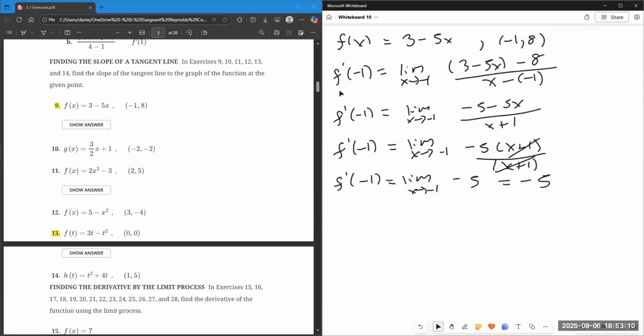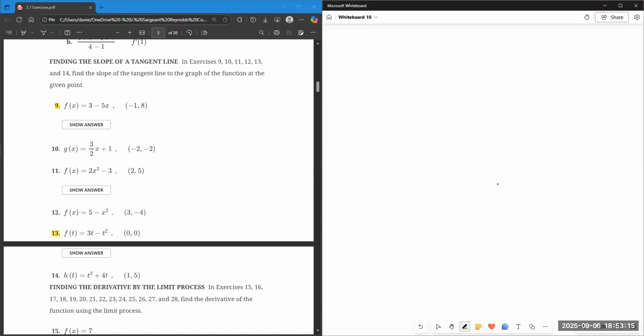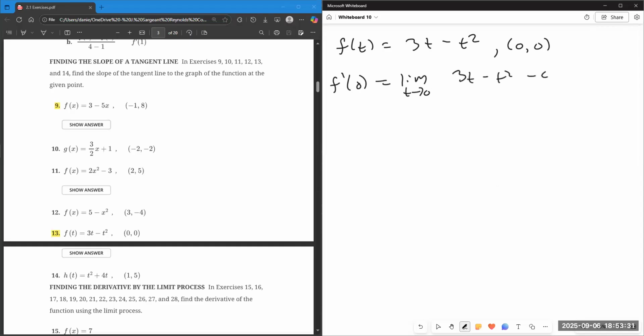So let's look now at number 13. 13 says f of t is 3t minus t squared at (0, 0). So f prime of 0 is the limit as t goes to 0 of 3t minus t squared minus 0 over t minus 0. f prime of 0 is the limit as t goes to 0 of t times (3 minus t) over t.